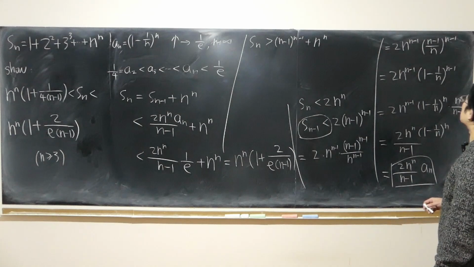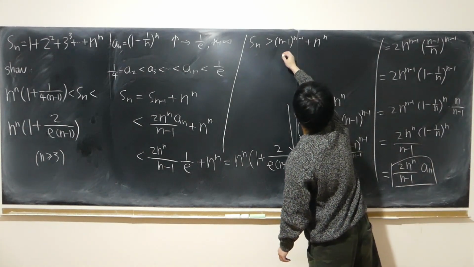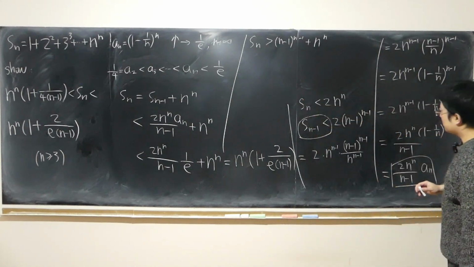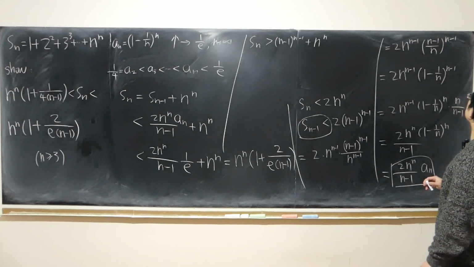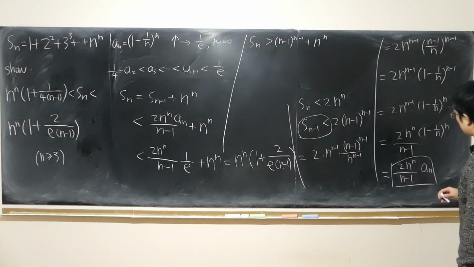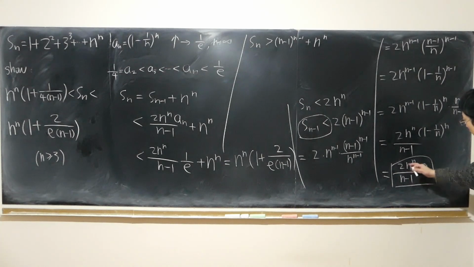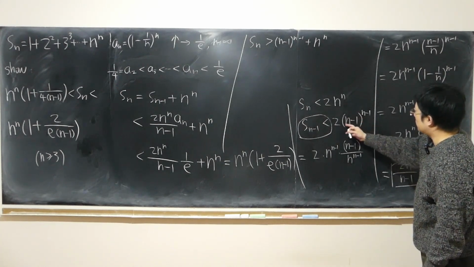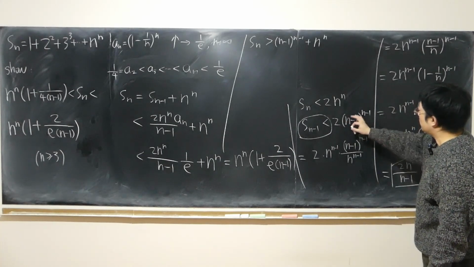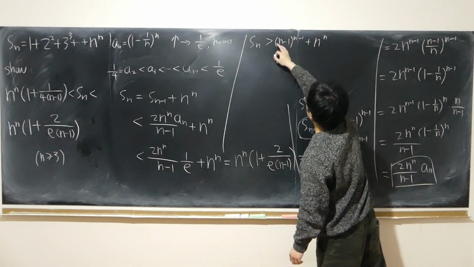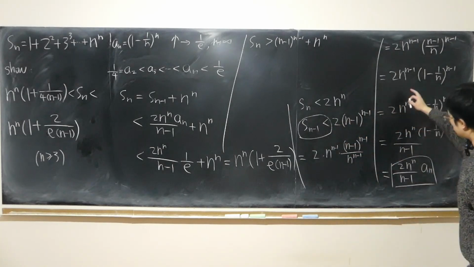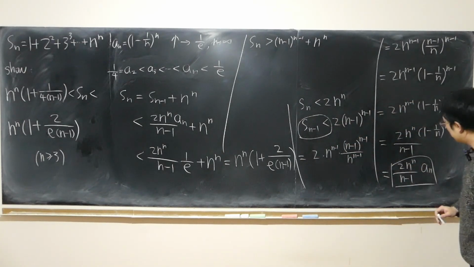So like I said, this part looks like this part without the 2. Here is 2 times this part, and there I don't have the 2. So yes, this part without the 2.